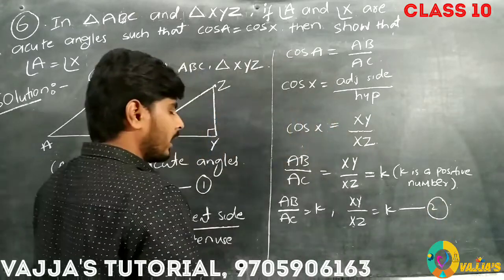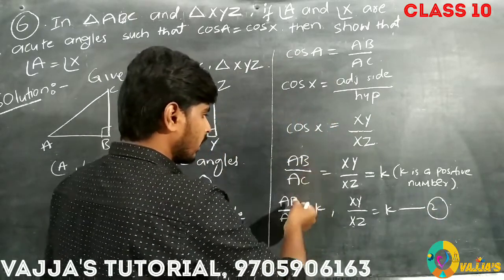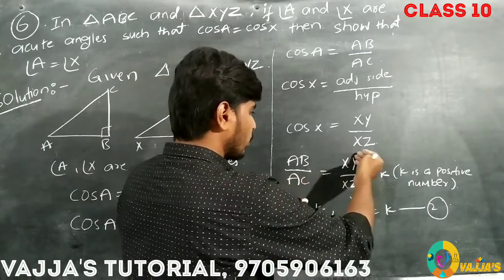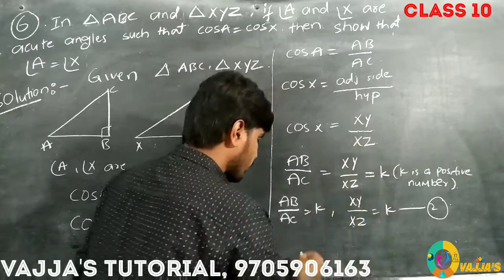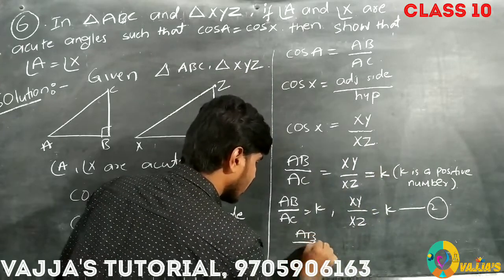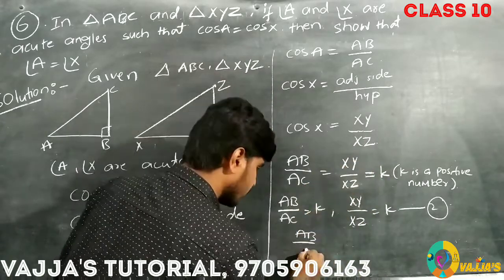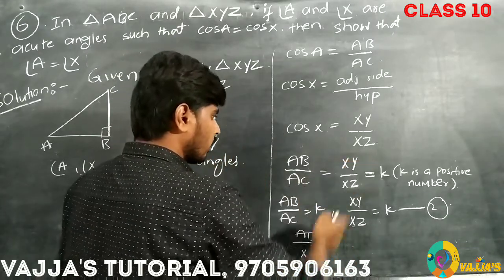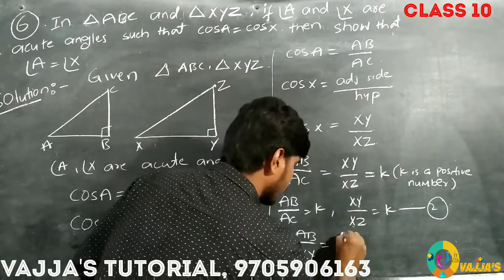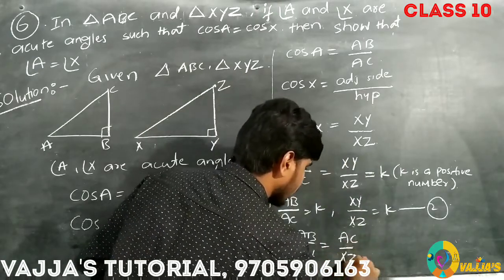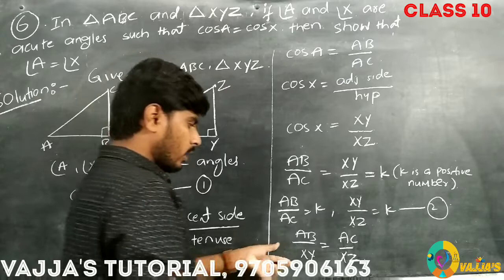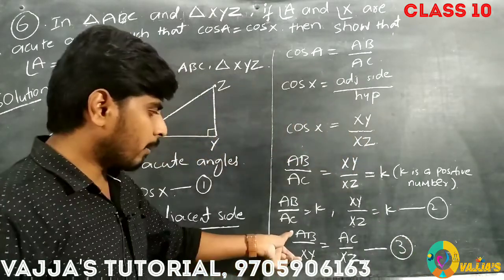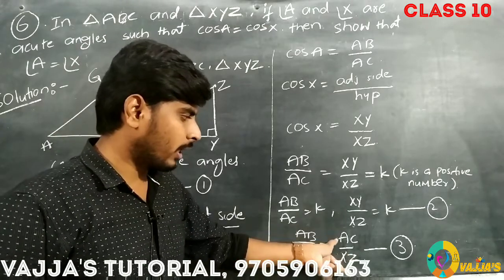Next, in AB by AC equals XY by XZ, AC is taken to the right side and XY to the left side. It means AB by XY equals AC by XZ. Consider it equation 3: AB by XY equals AC by XZ.